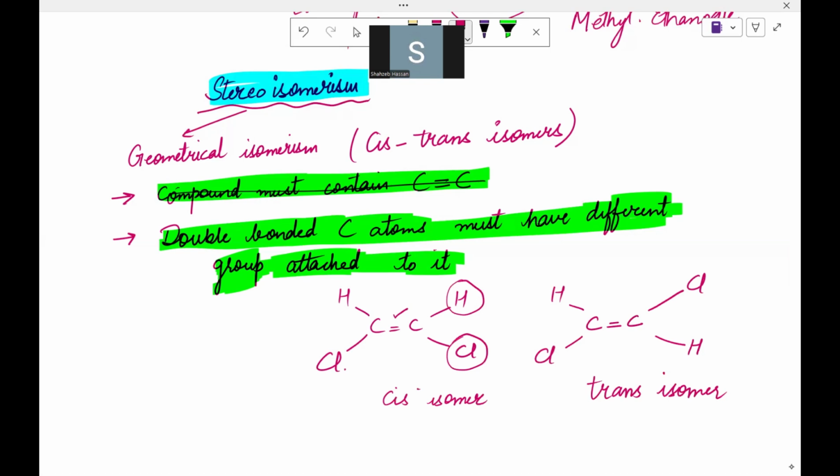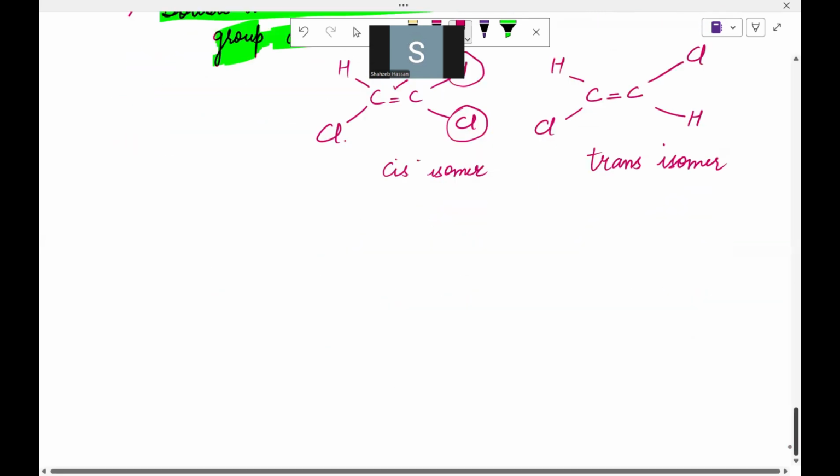Okay. So let me give you some questions. You said the double bonded C atoms must have different groups attached, what does that mean? That means these groups should be different. If they are the same, like the example I am giving you, CH double bond CH2, then this C has H here, this C has H here, and this C has CH3 here as well.